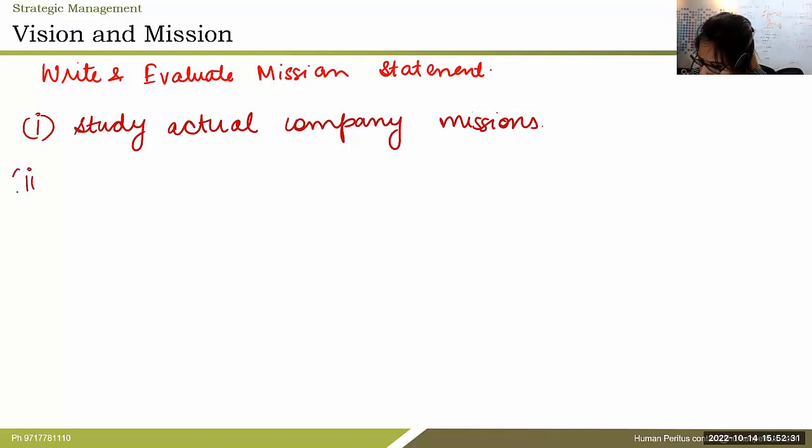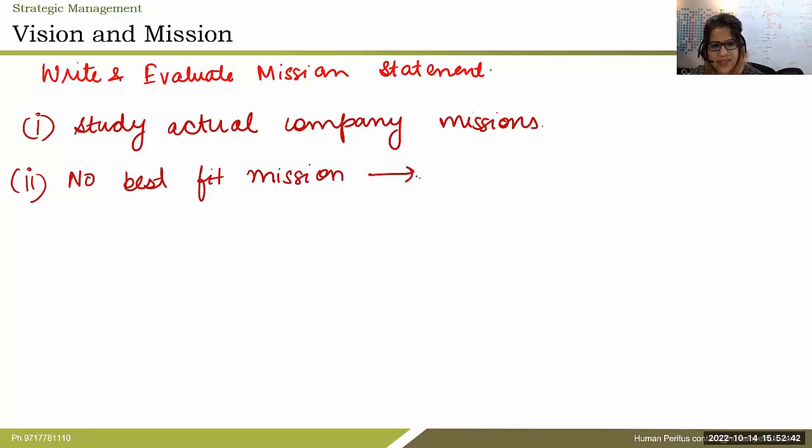Secondly, you need to understand that there is no best fit mission. So what you can do is reevaluate and identify what is not required among the 9 components. Maybe at times you make a mission statement that has only 6 components, right?